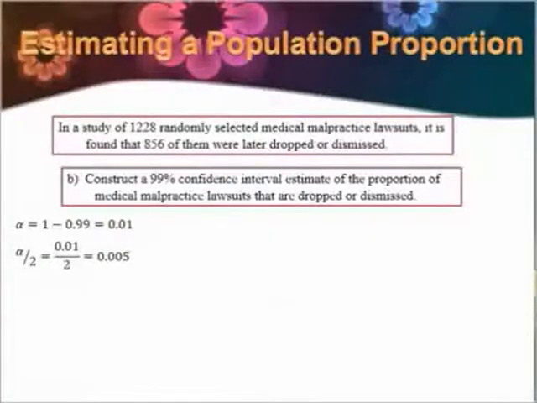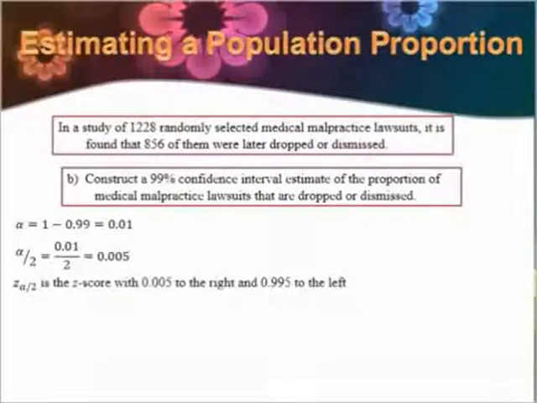Or in other words, to the right of our critical value, we'll have 0.005, which means 0.995 would be to the left. So we need to find the critical value that has 0.995 to the left. Looking up on our z-score chart, we get 2.575.